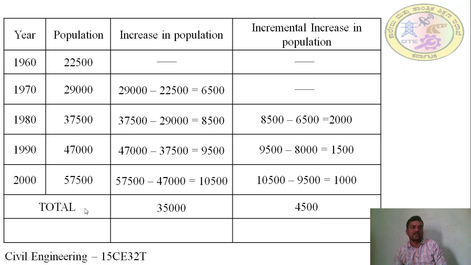After finding the totals, we need to find the average. The average increase in population is 35,000 divided by the number of decades, that is 1, 2, 3, 4 decades. So 35,000 divided by 4 is equal to 8,750. The average incremental increase in population is the total incremental increase in population divided by the number of decades.